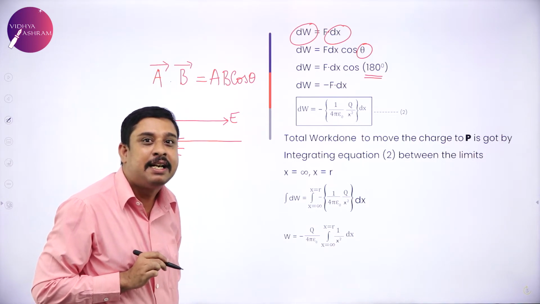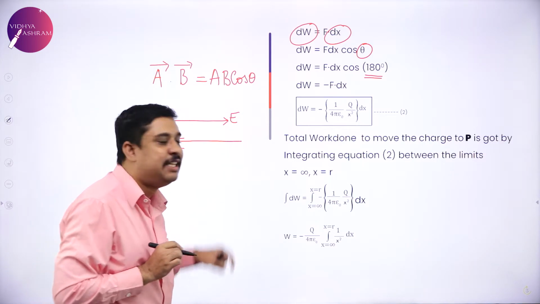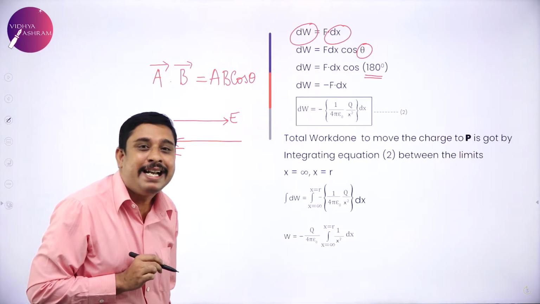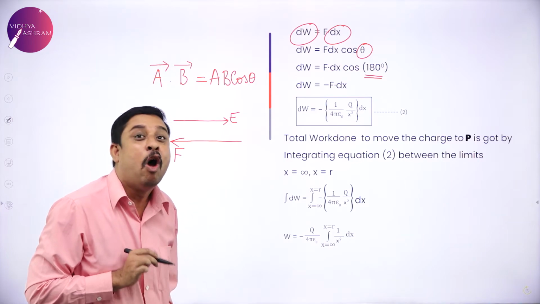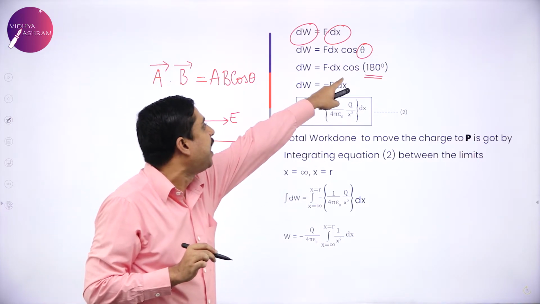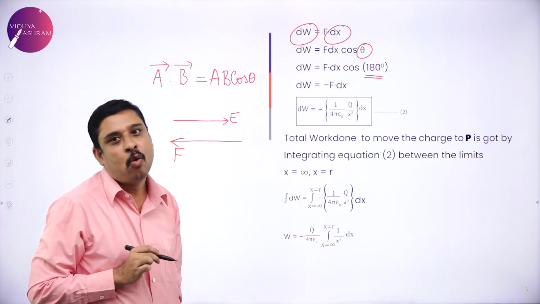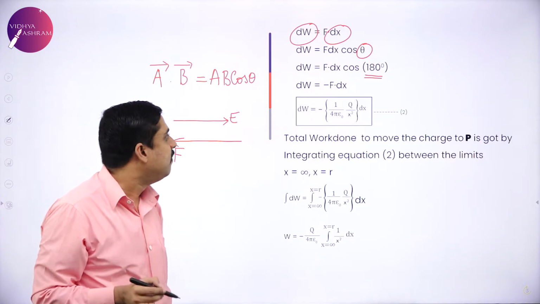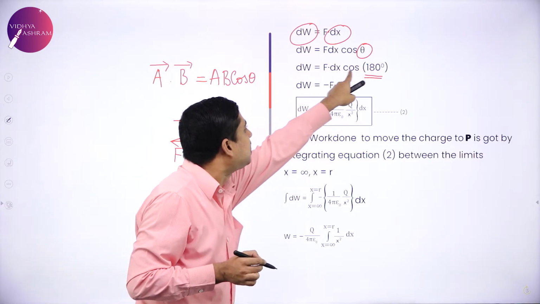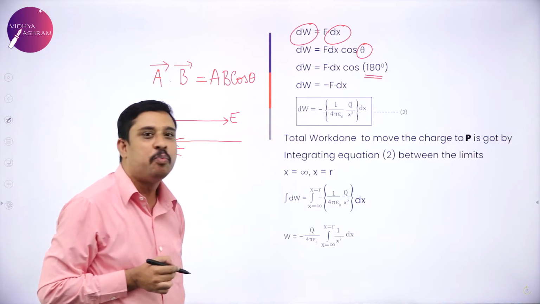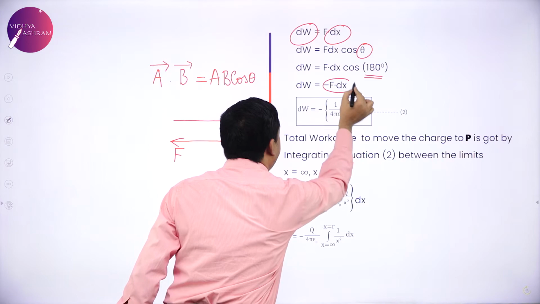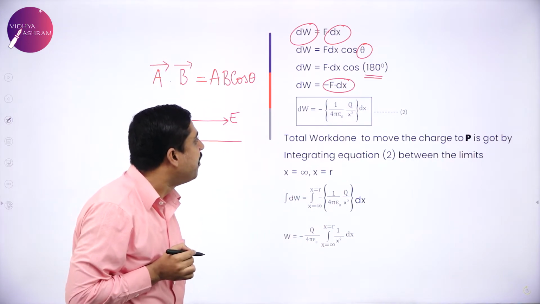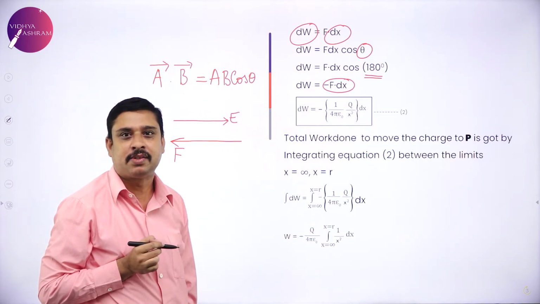The external force and the field are anti-parallel. Displacement is happening opposite to the electric field. So theta is 180 degrees, and you have learned cos 180 is nothing but minus 1. Therefore, dW I get as minus F into dx.